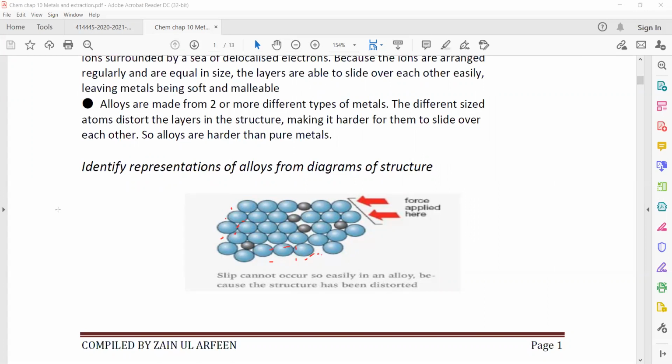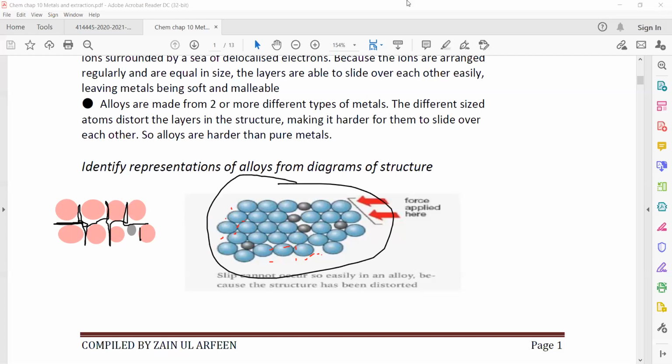So if they ask to show delocalized electrons as well, the structure of an alloy with the delocalized electrons, just shade the region to represent these delocalized electrons. But normally they don't ask to draw. They simply say draw a simple structure of an alloy. So same way as it is shown in the figure, you will draw.